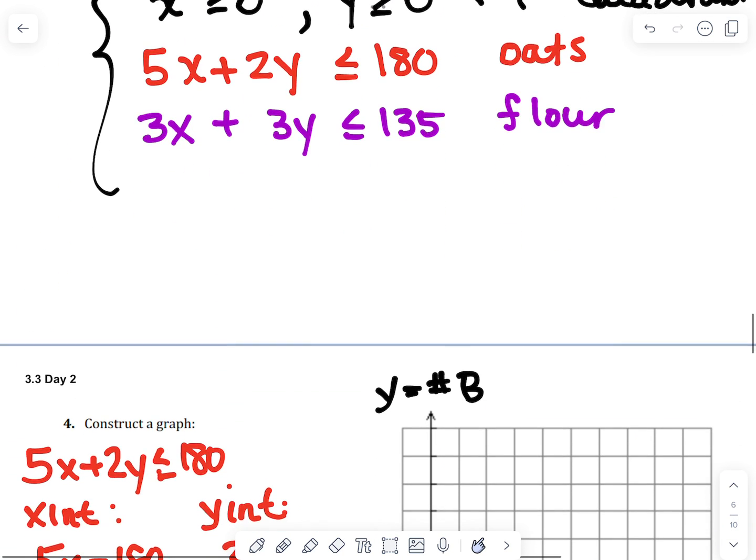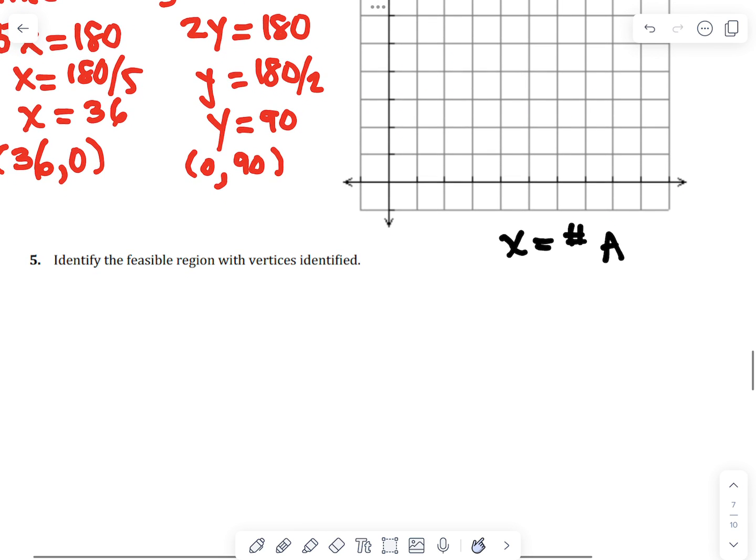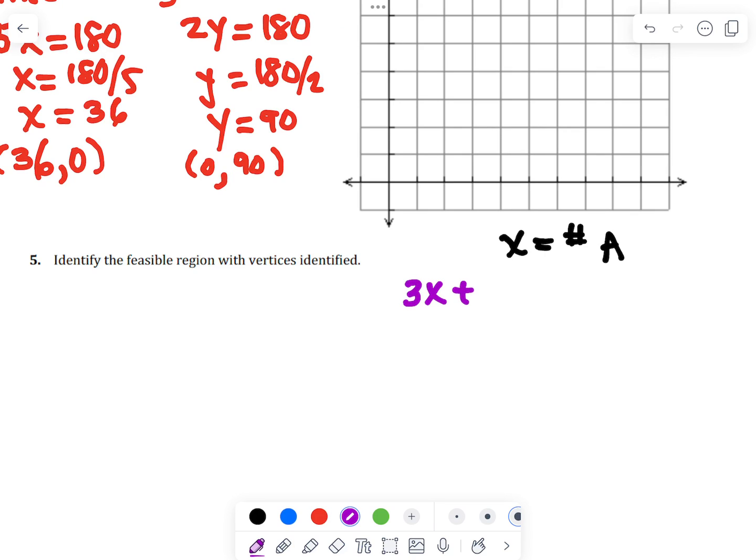We have to do the same thing with the purple one. We have to find the x and y-intercepts or convert it to slope-intercept form. So we have 3x plus 3y less than or equal to 135. So we need to find the intercepts. So x-intercept, we let y equal 0.